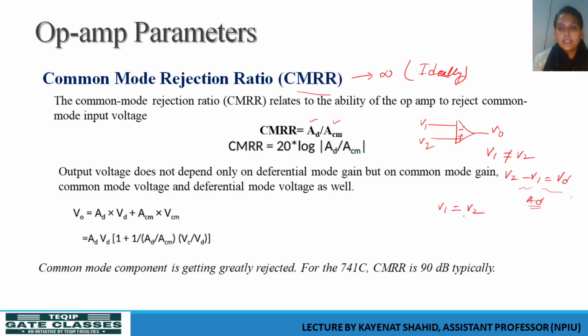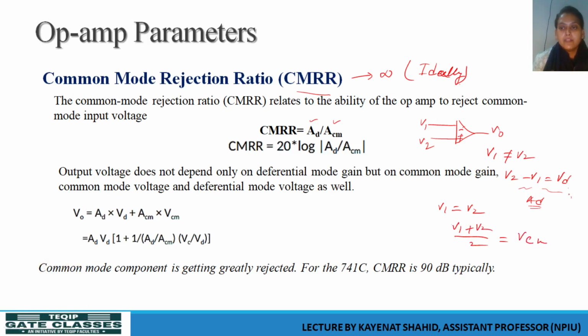So in that case, when both the signals are equal, we take the common part of these two signals. We take the average of the two values, and this is nothing but the common mode signal.